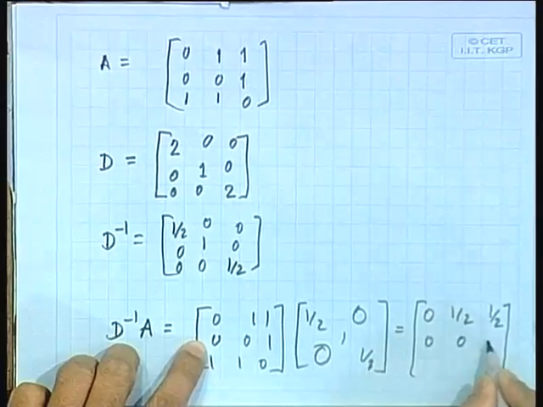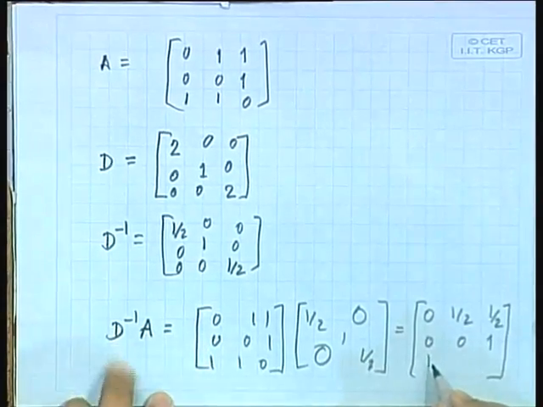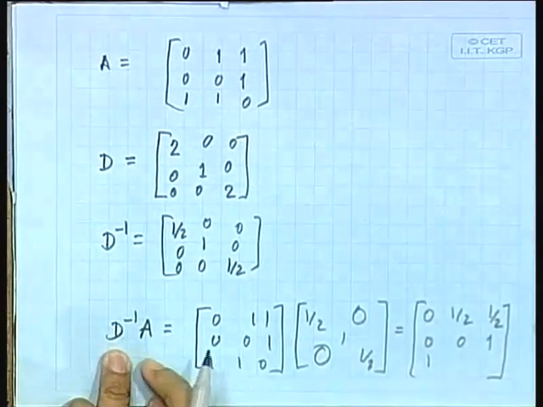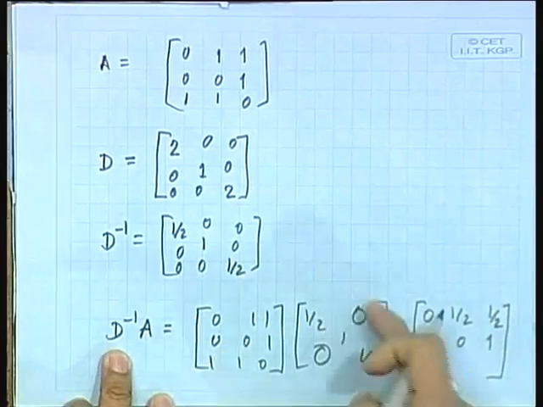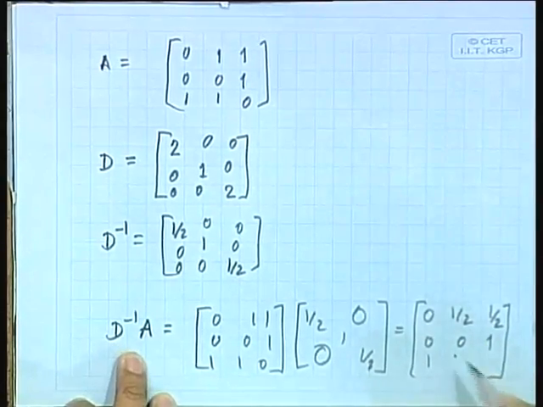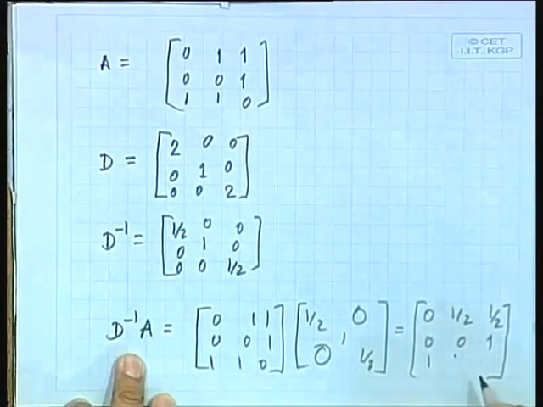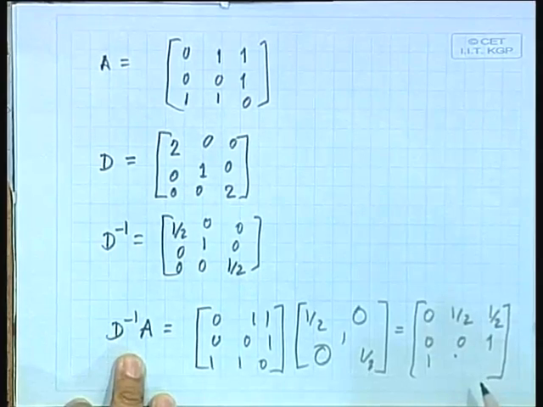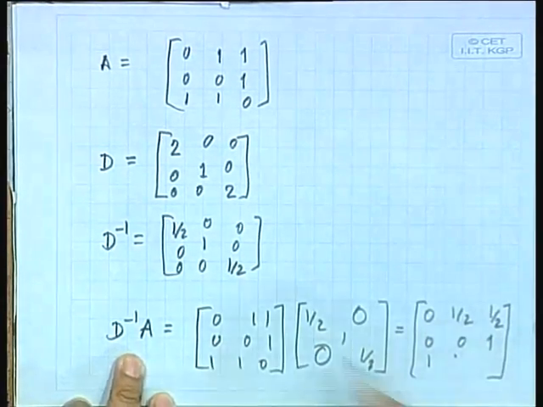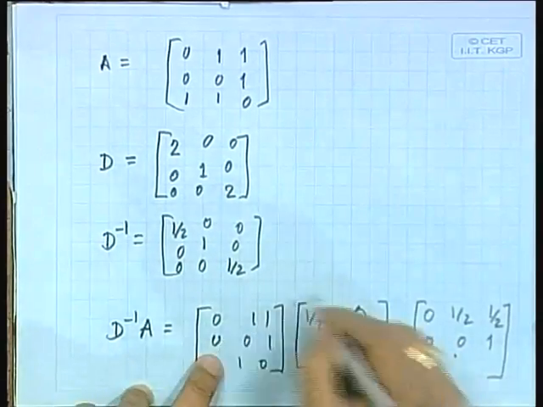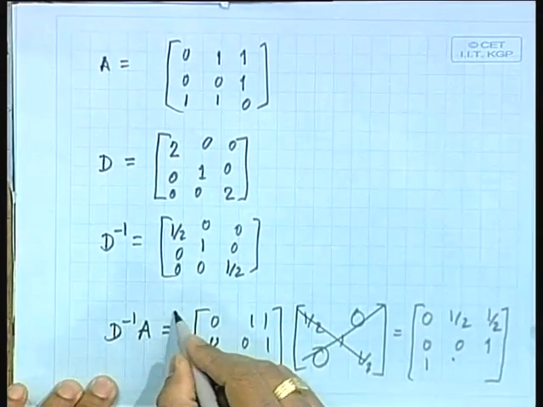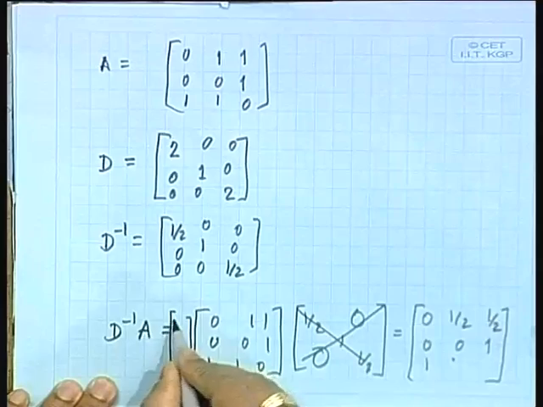Just check. No, I am doing D inverse A. Check if the matrix half one half, the diagonal matrix will come on the left side of the product. Oh sorry, I did this part wrong, very sorry.